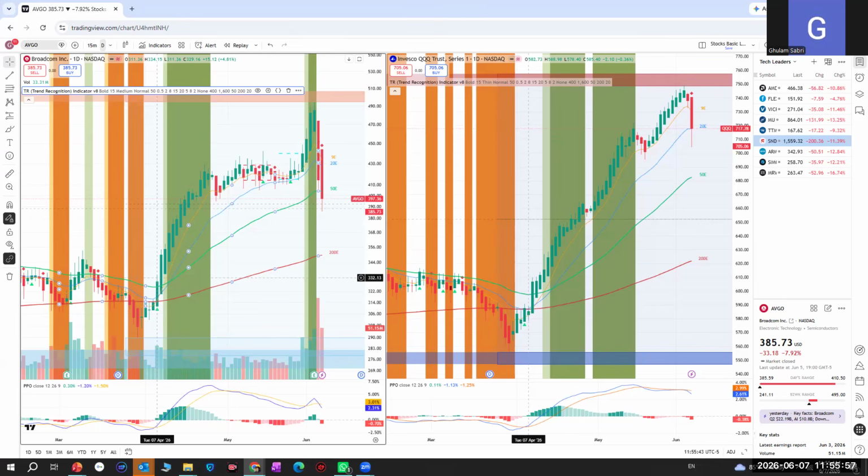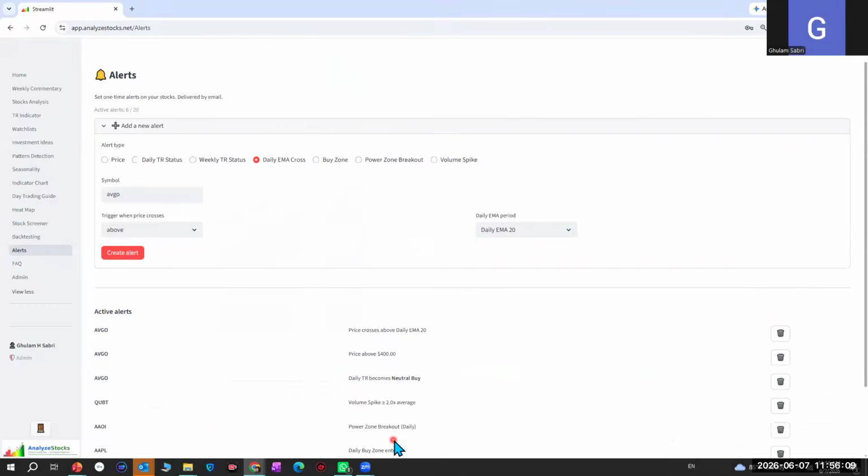Same phenomenon, I can set alerts for the first stage TR indicator or second stage. Maybe I am conservative. I don't want the first stage, I want this green zone to appear. So I will set an alert here, maybe for SanDisk. Whenever SanDisk gives me a buy signal, a second stage TR signal, create an alert for that.